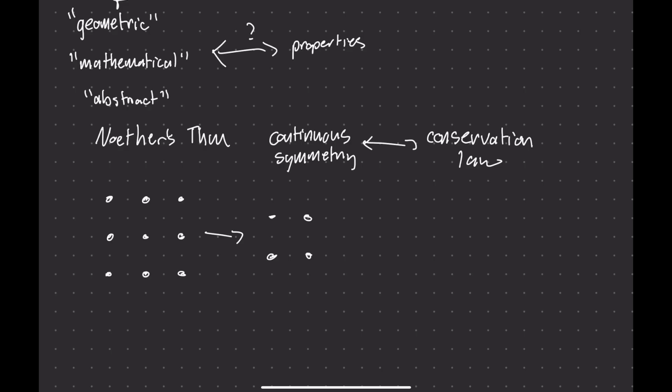And you could say that you could apply some rotation to it. You could rotate it 90 degrees and you would still have a square lattice, or a square unit cell.